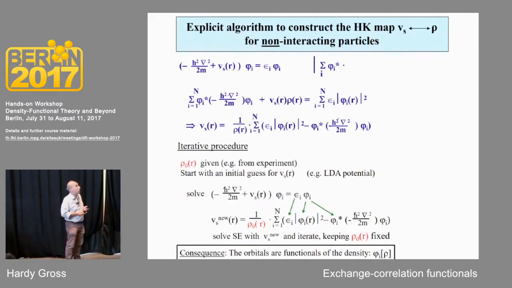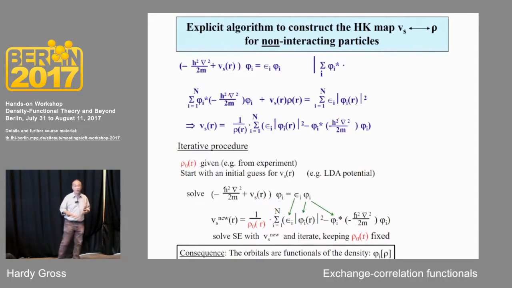And this means also that the orbitals that come from such a Schrödinger equation with a local potential can be viewed as functionals of the density, right? Because that's what you do here. You prescribe the density, you solve the Schrödinger equation, do this iteration procedure, get the potential, and get the orbitals.